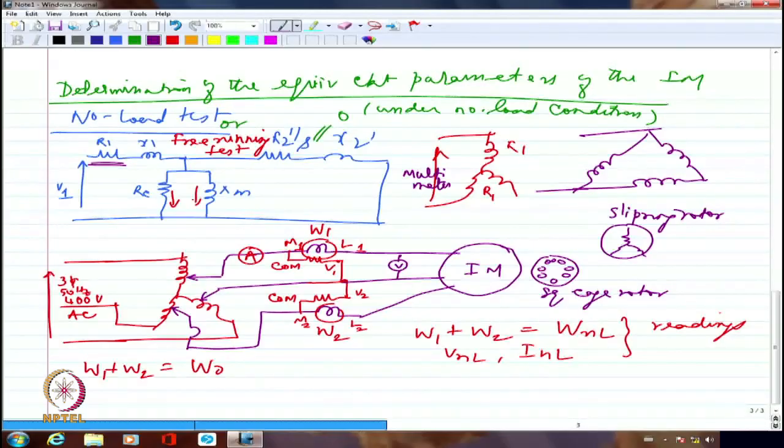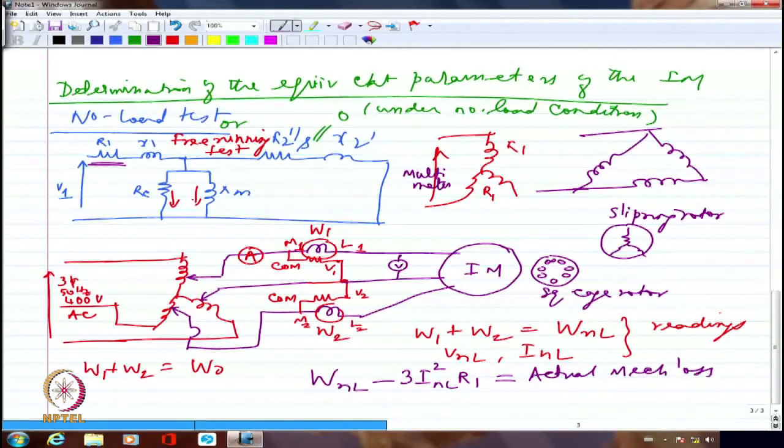Because of this, we will say W no load minus 3 I no load squared R1 will be the actual mechanical loss plus the core loss, which will help us to calculate RC.